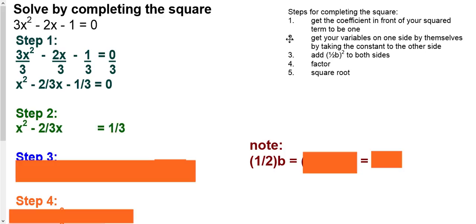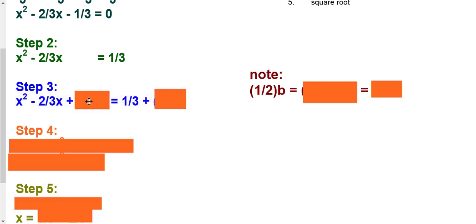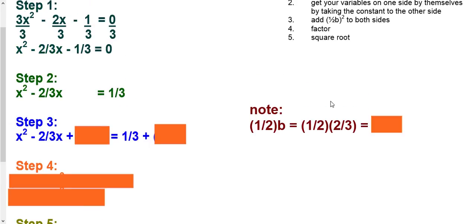Now we're at this next step. That's where in the last video we talked about taking half of b and then squaring it. And that's what we have to add to both sides. So I take half of b, which is negative 2/3, so 1/2 times negative 2/3. In this case, I didn't include the negative because I end up having to square it. If I had a negative here and I squared it, it still ends up being positive.